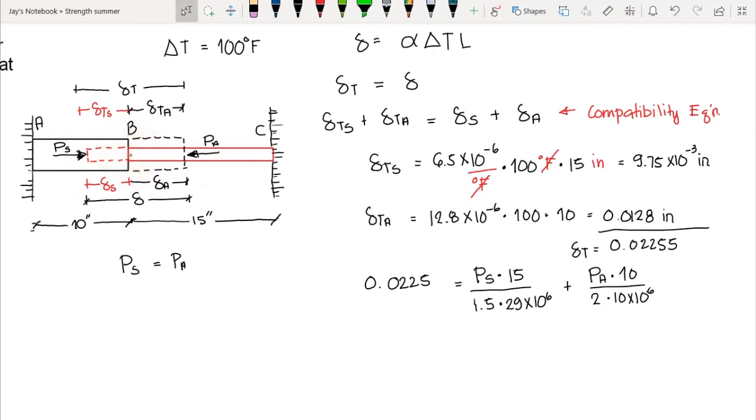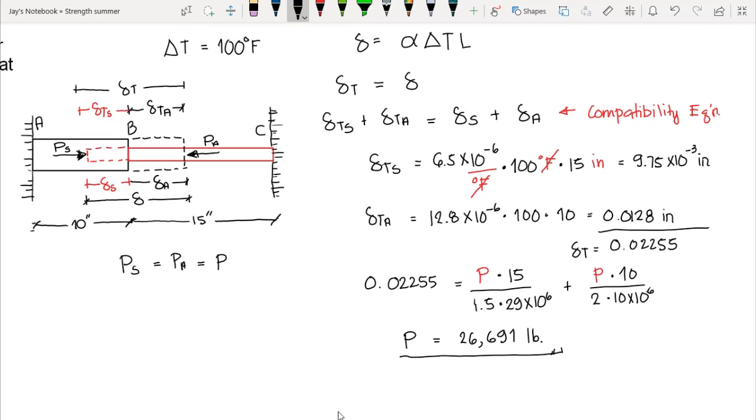So therefore that is equal to P. Let this be our P. Then by further simplifying, we could have the value of P equal to 26,691 pounds. So therefore this is the actual load P that is acting opposite to the expansion of each bar.